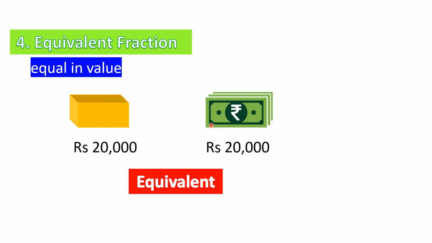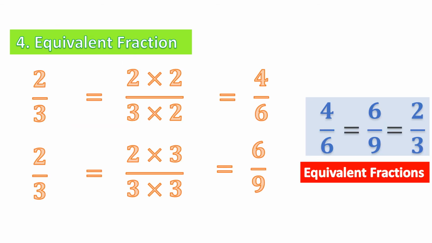One is gold, the other is money. These are two different things with the same value. Therefore we can say that the gold block and the money are equivalent. Equivalent means equal in value. Keeping this in mind, let's see what an equivalent fraction is.